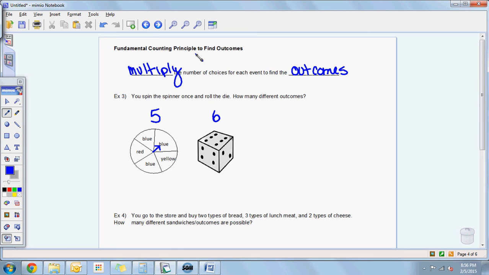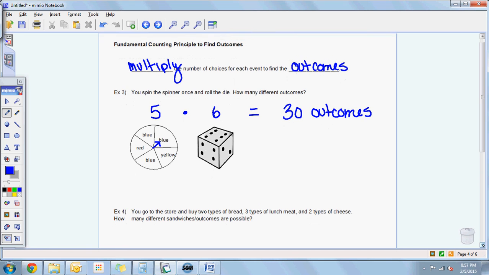So according to the counting principle, I should be able to multiply these two things together, and that's going to give me the number of different outcomes I could get when I do these two things. So 5 times 6, that means I have 30 different outcomes. Isn't that a lot easier than the tree? I think it is. Okay, so hopefully you'll like that method. It's a lot quicker.